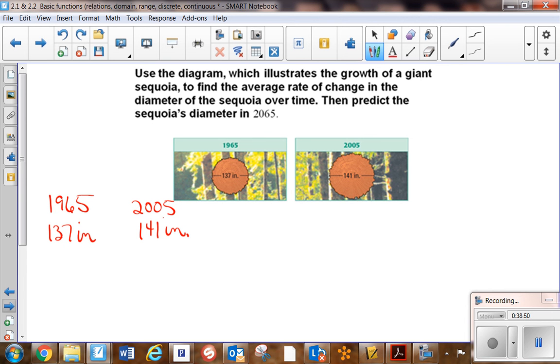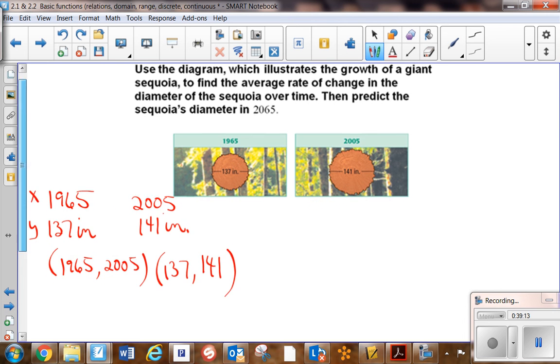And we want to know what's its rate of change? How much is it growing each year? So we're going to turn those into ordered pairs. Okay? These are our X's, these are our Y's. So 1965, 2005. And the other one is 137, 141.